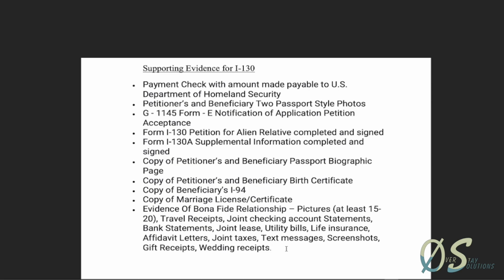Wedding receipts, joint bank account statement, life insurance, investments, third party affidavits. The affidavit would have to get that letter notarized along with sending a copy of their driver's license.